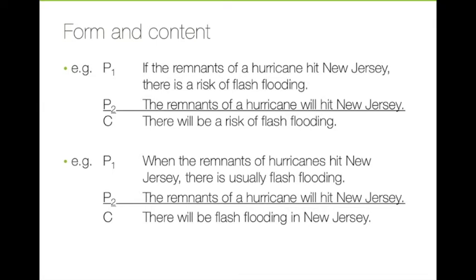And what we learned from the fact that two arguments on the same topic can offer different degrees of support for their conclusions is that how the argument supports its conclusion depends on the form of the argument rather than its content. So it's the form that makes the first argument offer stronger support for its conclusion than the second, even though they're on roughly the same topic. So in using logic to evaluate arguments, our goal is going to be to analyze their form rather than their content.